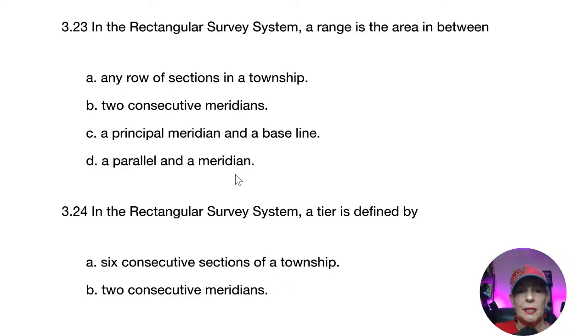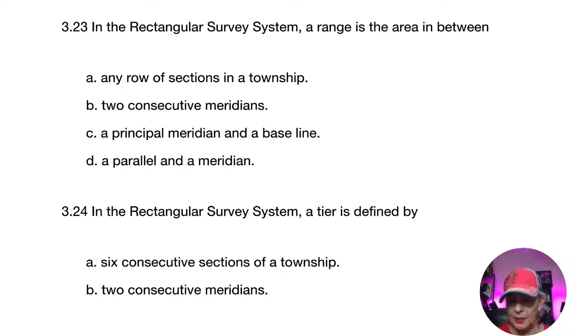C, a principal meridian and a baseline. D, a parallel and a meridian. So review the rectangular survey system. You may or may not have a question on the exam, but you want to be prepared. So the range is the area in between what? The answer here is B, two consecutive meridians.